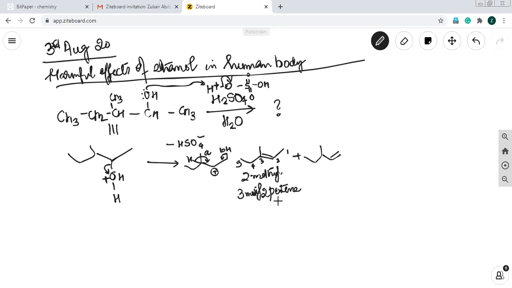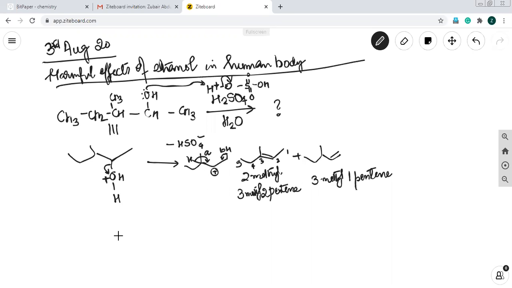That's right. 3-methyl 2-pentene, and this is 3-methyl 1-pentene. So this is the product when you treat this alcohol with sulfuric acid. This is how you can write the product of the reaction.